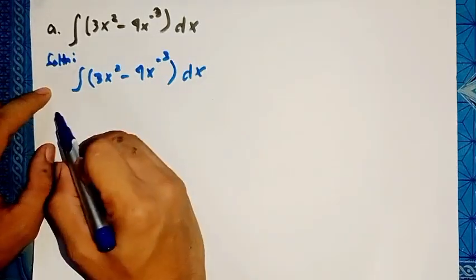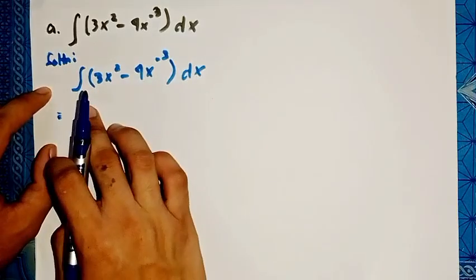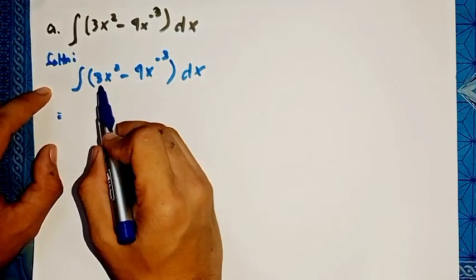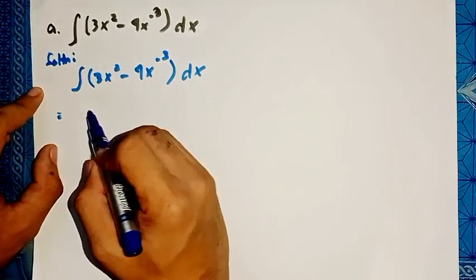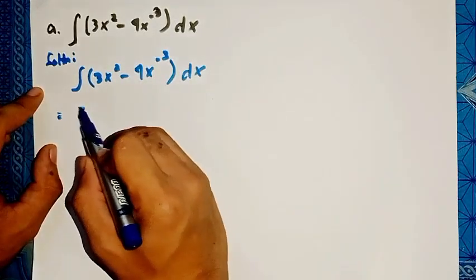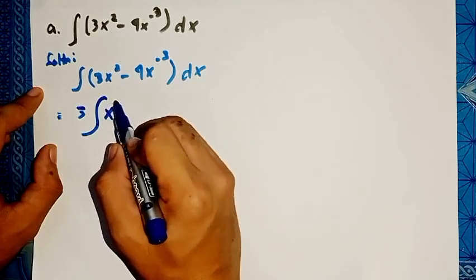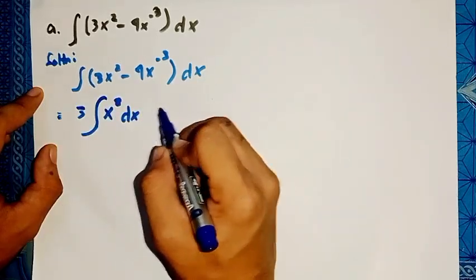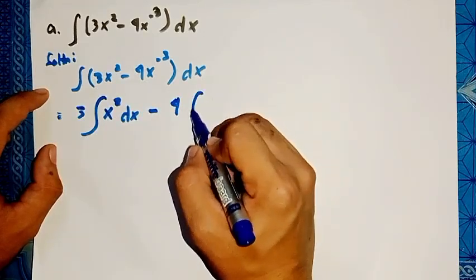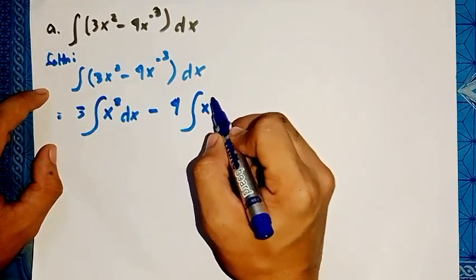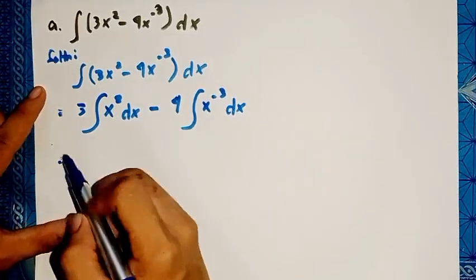The first thing we need to do is to separate, and the constant will be moved outside the integral. So we have the integral of 3x squared dx minus the integral of 4x to the negative 3 dx.